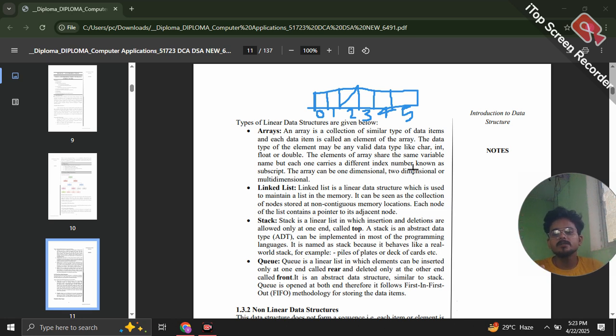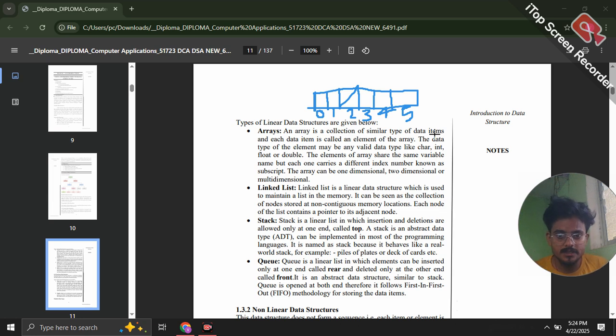If somebody asks how many numbers are in this array, we will simply say 1, 2, 3, 4, 5, 6. Six elements are there, and the starting index number is 0.